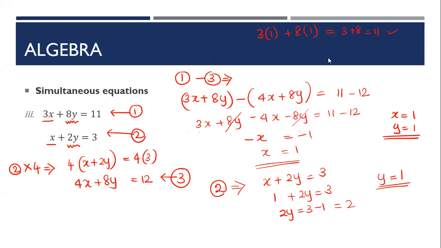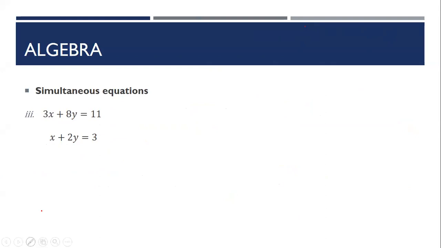Okay, so here we removed the x. So let's try removing the y also. Previously I took the first and second equation. Now I am removing the x, so I multiply my second equation by a factor of 3, a constant value.